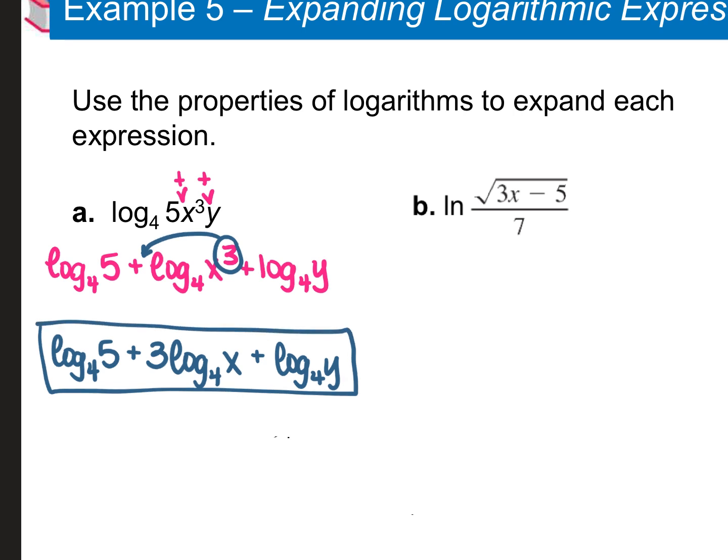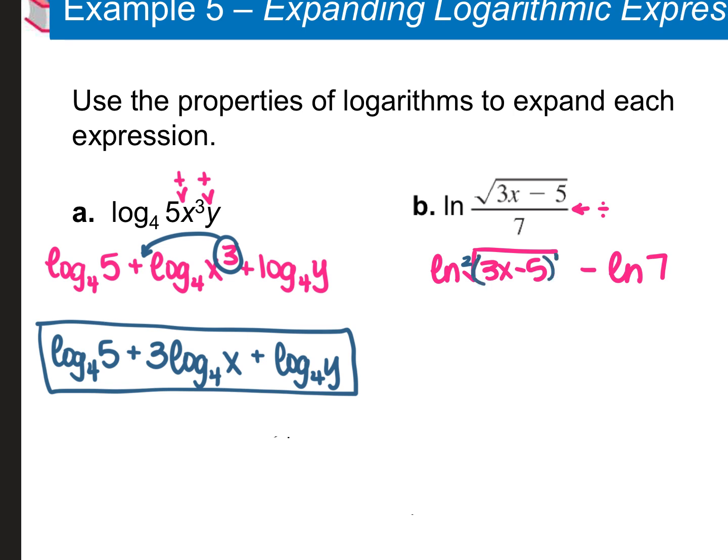For example B, you have the natural log of the square root of 3x minus 5 over 7. Now, this fraction is the same thing as division, which we can represent using subtraction. So this is going to give us the natural log of the square root of 3x minus 5 minus the natural log of 7. That 3x minus 5 is underneath your square root. The square root is represented with the power of 1/2 because your index here is 2, and this is all raised to the first power.